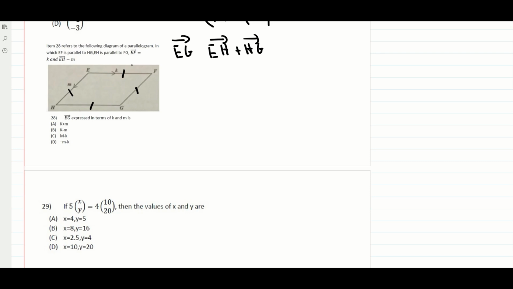HG would also be K because the opposite side is also K, and EH would be M. So EG is M plus K, or K plus M. So the answer is A for this question.